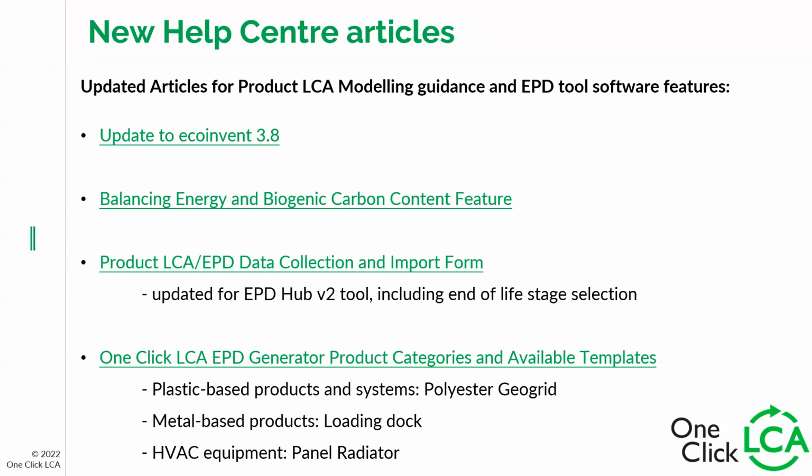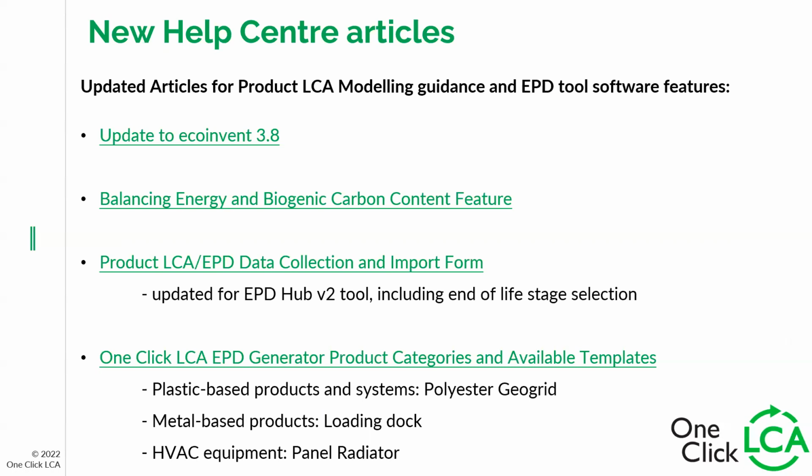So maybe you haven't seen the email yet, but I'm going to talk about it in a couple of slides' time. Balancing energy and biogenic carbon content feature. This was a new article we created based on that feature. But I'm going to update you on the current status and future status of this particular feature in a moment.